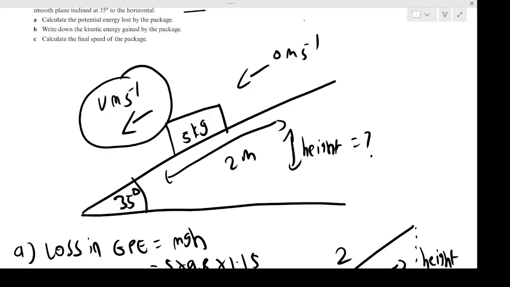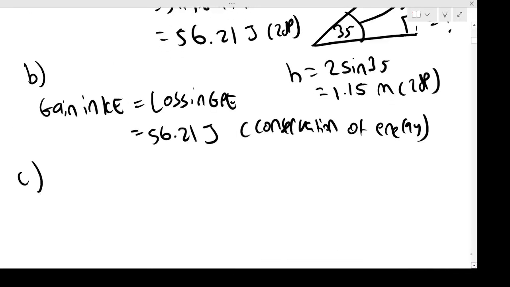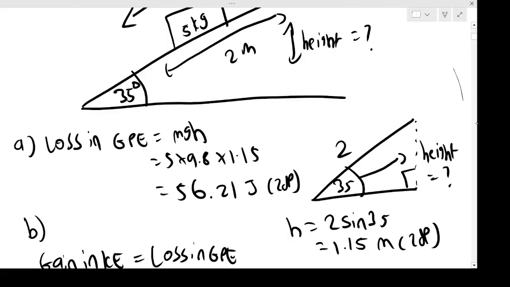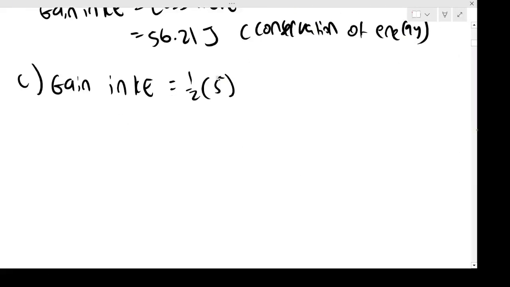It's speed v, where it ends up after 2 meters. We know the gain in kinetic energy, but we can also work it out as the final minus the initial kinetic energy. The final kinetic energy is half mv squared, and the mass is 5, so it's half times 5 times v squared, minus the initial, which is zero because it was at rest and had no speed.